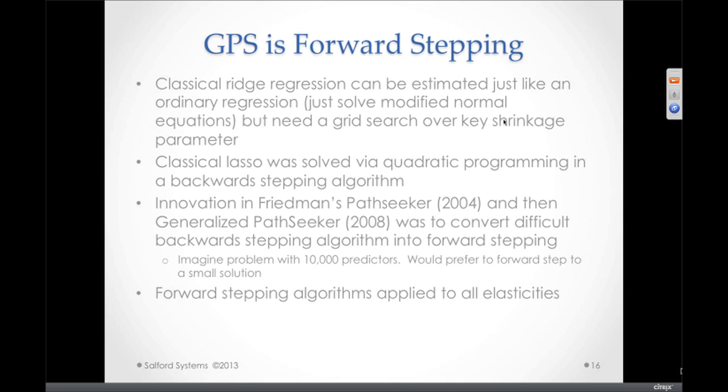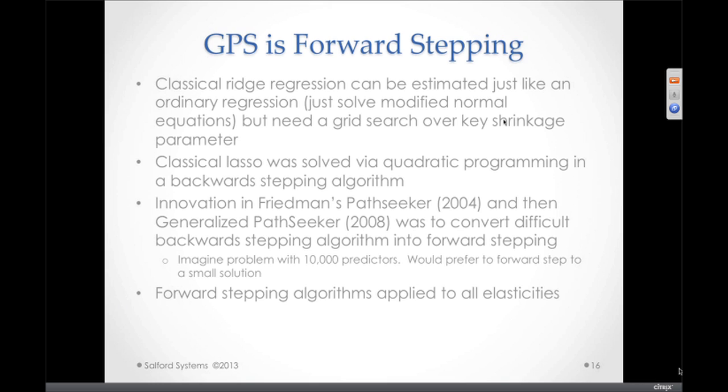One other really important thing, GPS is forward stepping. The original solution for the lasso was backward stepping. If you start with 1 million variables in the model and you're going to backward step, you're going to be doing an awful lot of computation.